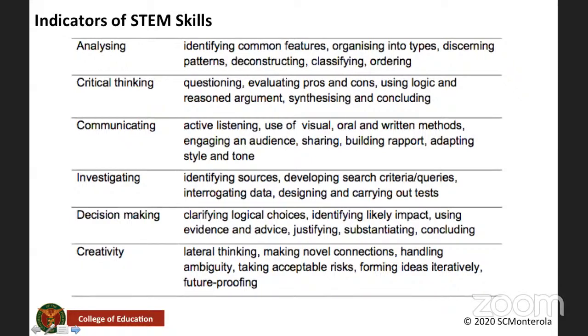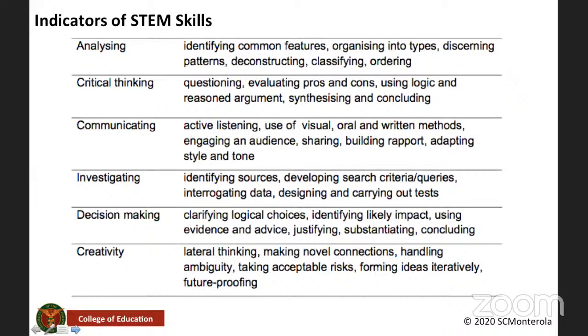It's part also of investigating. And then designing and carrying out tests. Some courses would require testing of some ideas, testing of some designs, and asking your students to work on the different test procedures and expected processes involved. Again, they're actually related to what you call investigating skill.